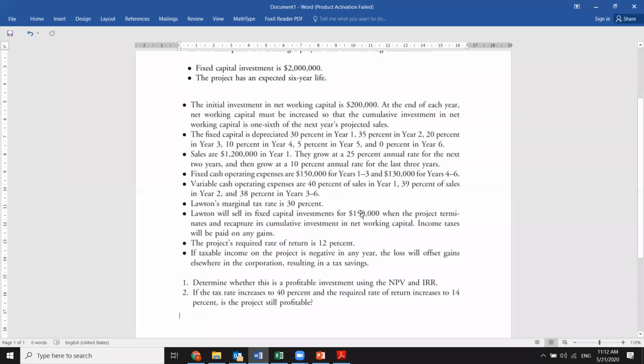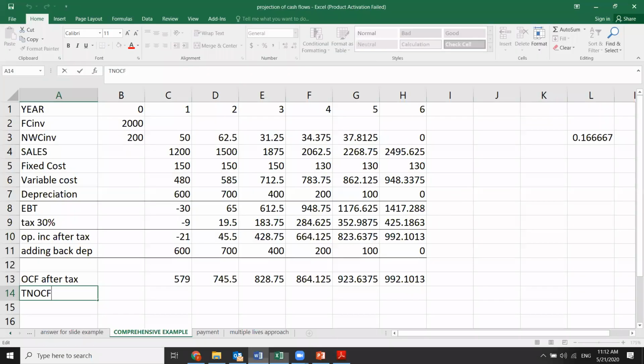So it's 30% of it, which is 45. That means salvage value 150 minus, I'm ignoring thousands, okay? I didn't take thousands into consideration from the beginning, minus 45. This 45 represents the tax, 30% of 150.